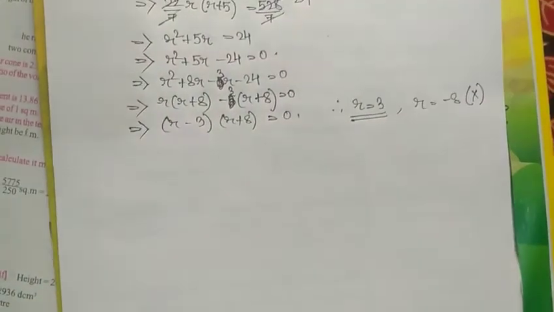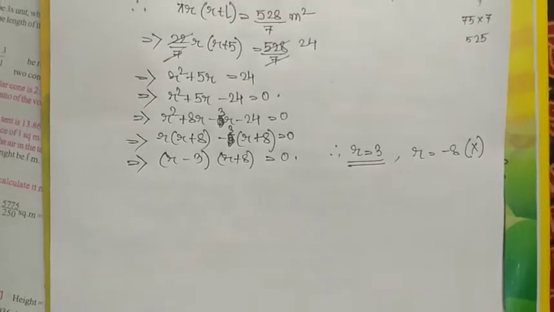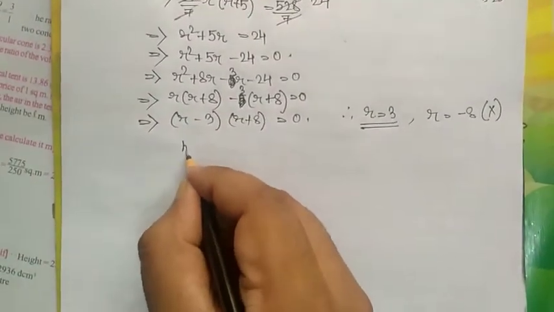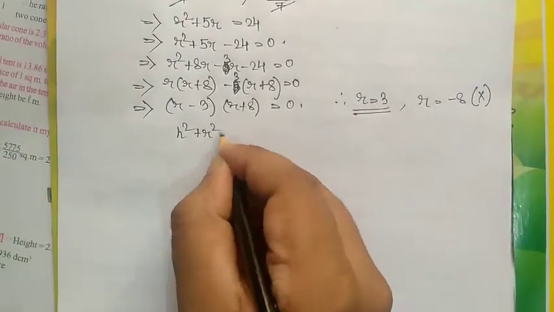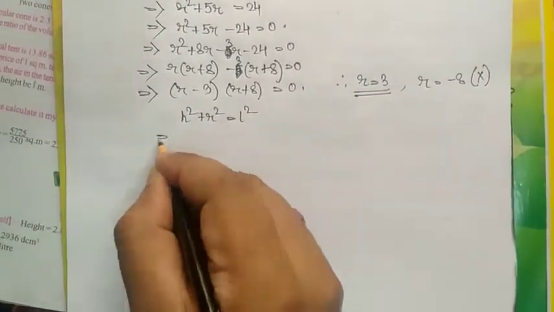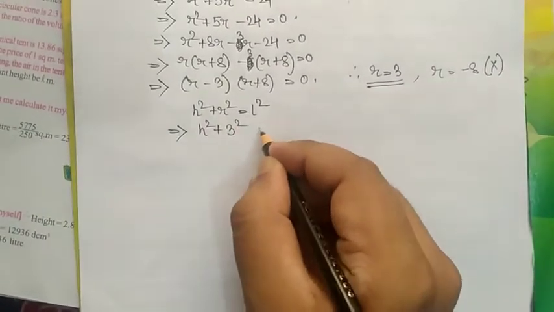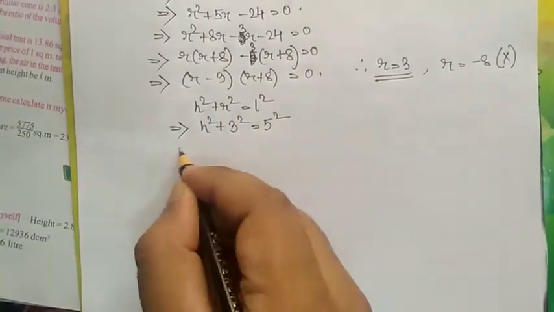So we know the relationship between height, radius and slant height. So it should be h square plus r square equal to l square. So putting those values, h square plus 3 square equal to 5 square.